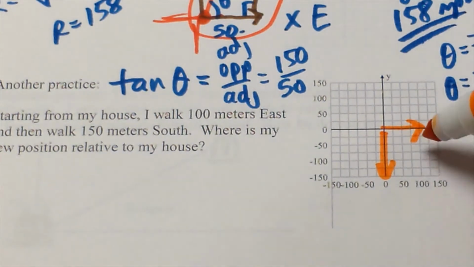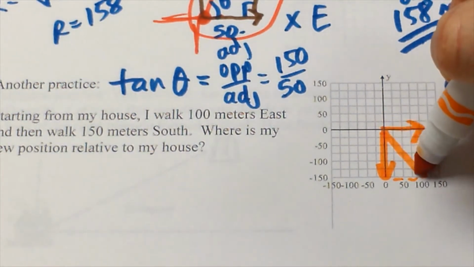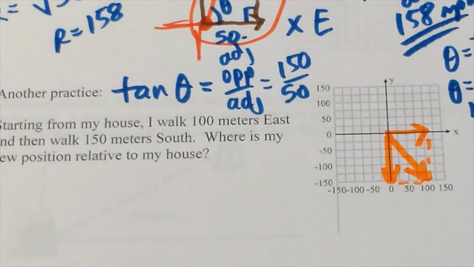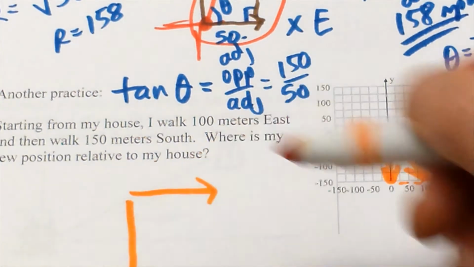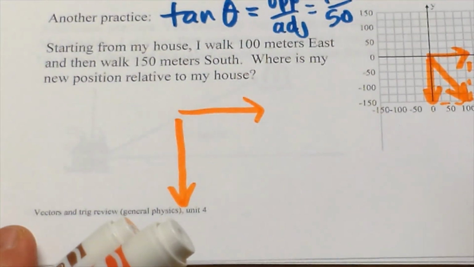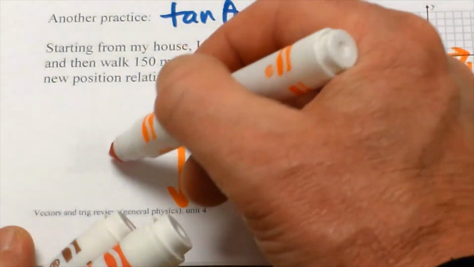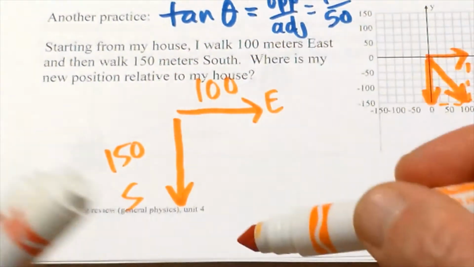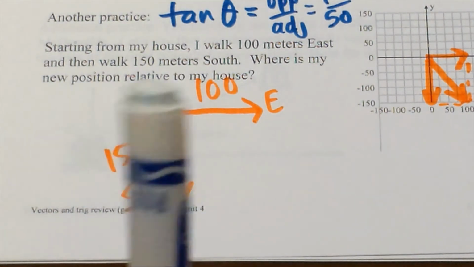Okay, you create then a little box, and then we form the triangle here. So let me do this a little bit bigger here. We create this sort of box. This represents 100 east, and this represents 150 south. Okay, let me get a different color here.